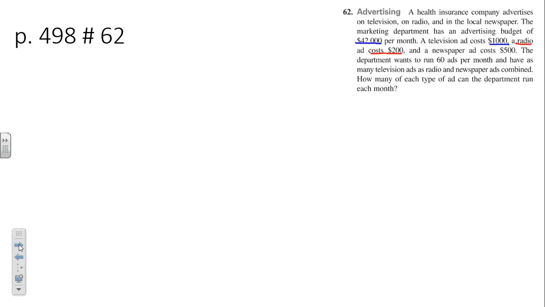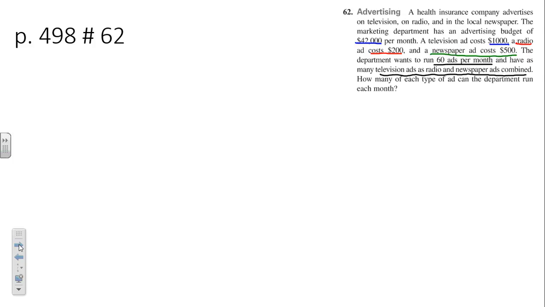And newspaper ads cost $500. The department wants to run 60 ads per month and have as many TV ads as radio and newspaper combined. So how much of each one should they purchase?